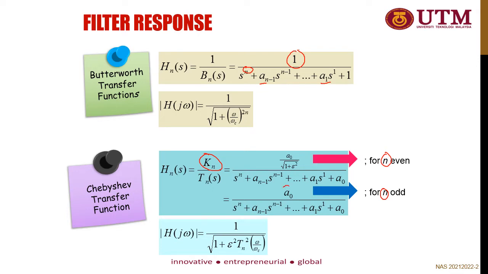These are the coefficients that you will get the values for from the table. And if n is an even number, Kn is represented by this equation. All equations you can refer to from the filter characteristic appendix or from the table. You don't have to memorize all the equations.